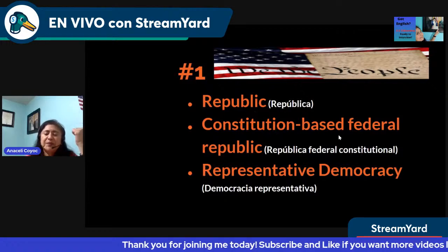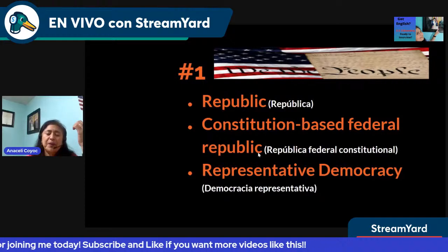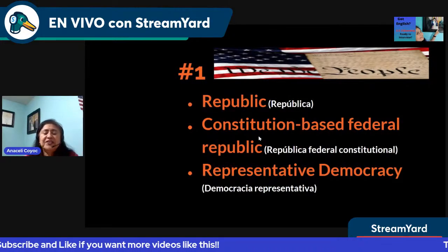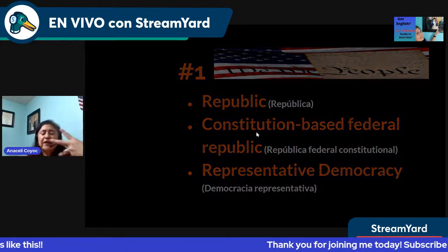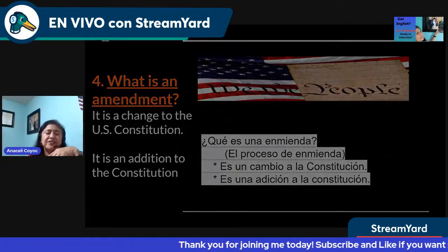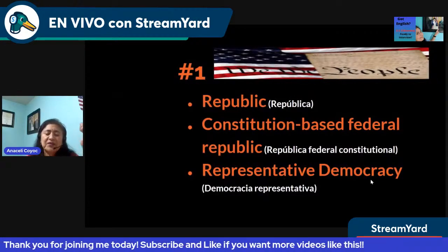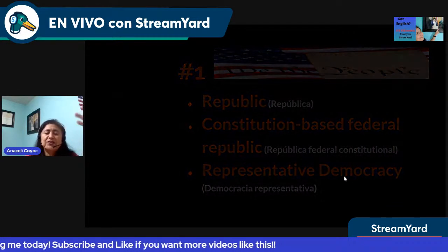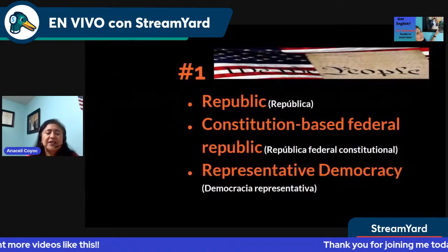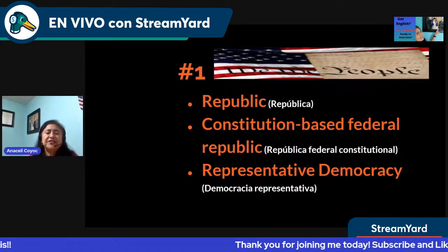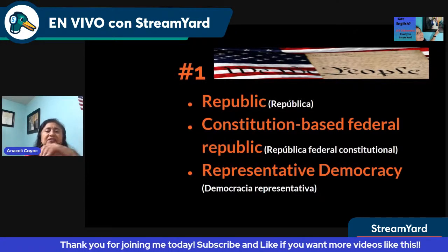It's a constitution-based federal republic, where Washington, D.C. has a government set up there, but the states also have power to help make decisions. And it is also a representative democracy, where the people choose their leaders and send them to Washington, D.C. to represent us and make decisions on our behalf.